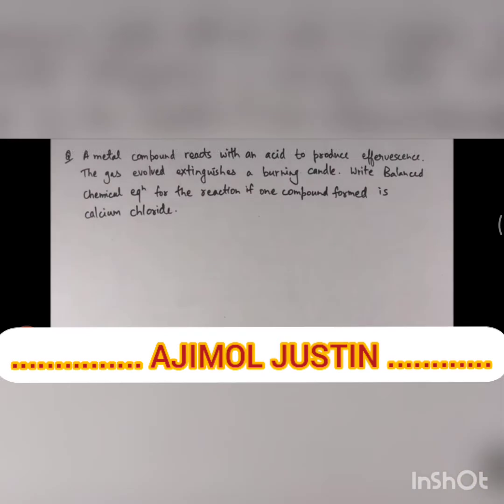See, let us see a question. A metal compound reacts with an acid to produce effervescence. The gas evolved extinguishes a burning candle. Write a balanced equation for the reaction, if one compound formed is calcium chloride.